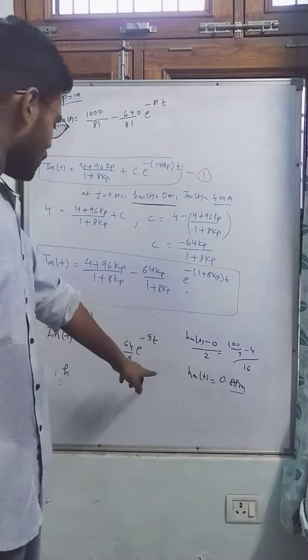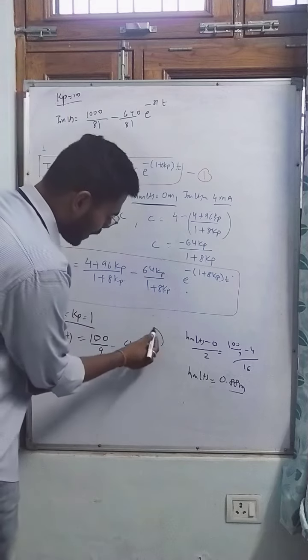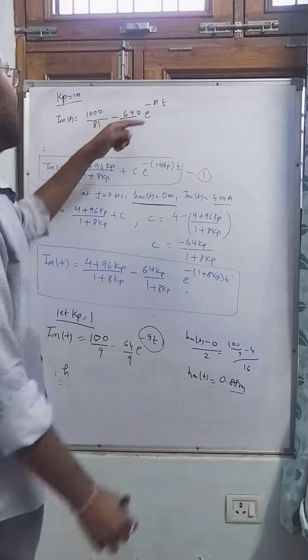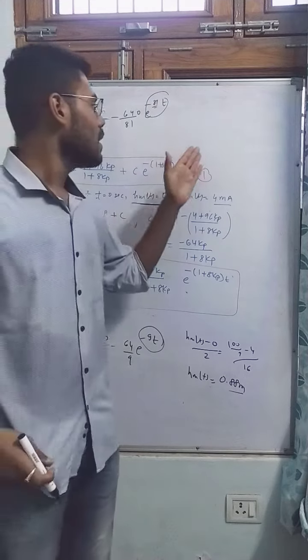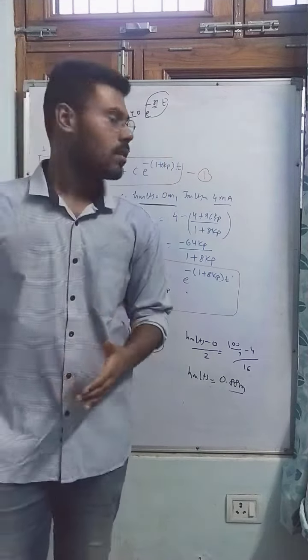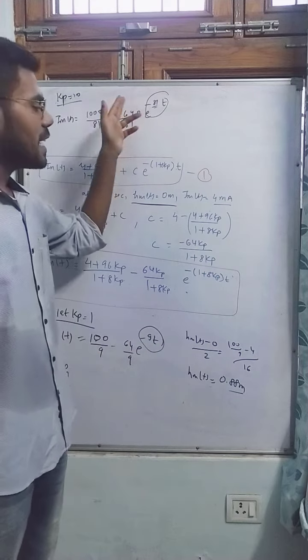Here the exponential term was minus 9t when Kp equal to 1. When Kp equal to 10, the exponential term is e to the power minus 81t. That means the exponential term will decay very fast. Yes or no?